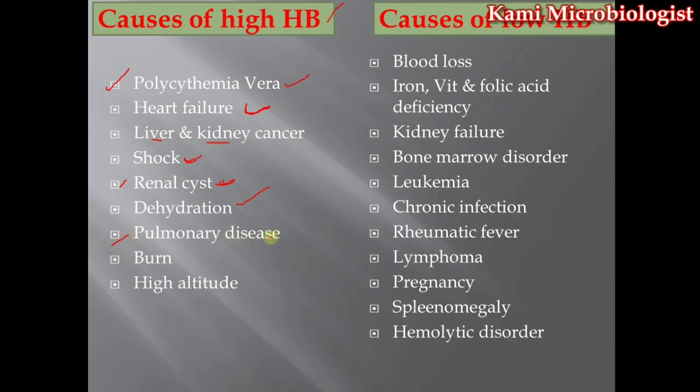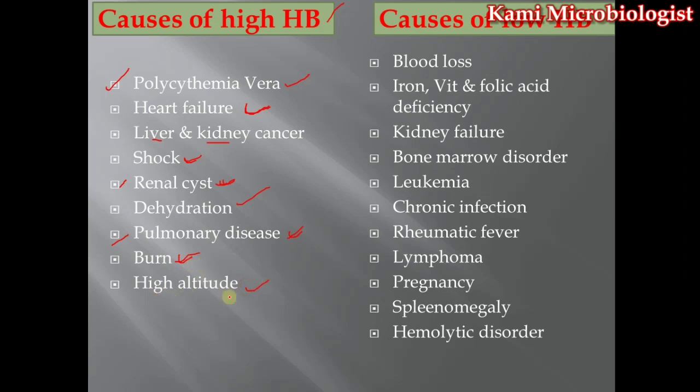Due to pulmonary diseases, meaning lung diseases, the hemoglobin concentration also increases. Why? Because if there is a disorder in the lungs, let's suppose there will be high oxygen in the lungs, which can cause high hemoglobin concentration. Burns: if there is an area that is burned, the hemoglobin concentration also increases.